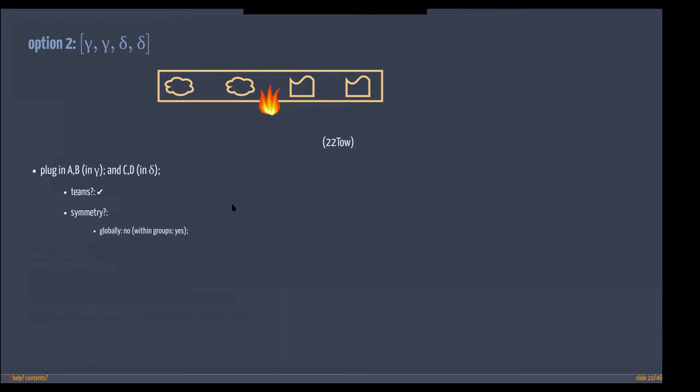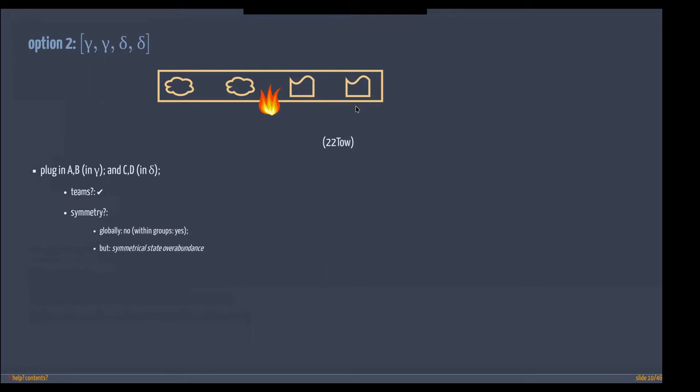But there's a second problem, and that is that we have a polyadic instance this time of this symmetrical state overabundance. Why is that? Well, what we want is a state of 2 teams of 2 playing against each other. And this is what we get when we plug in A and B in the gamma position, and C and D in the delta position.